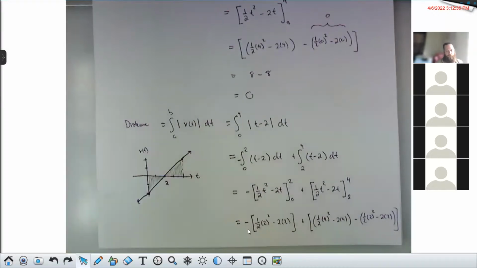I'm not showing the work for plugging in the lower bound from the first bracket because when you plug 0 in here, definitely everything is 0. Right? We did do that already. Everybody good so far?